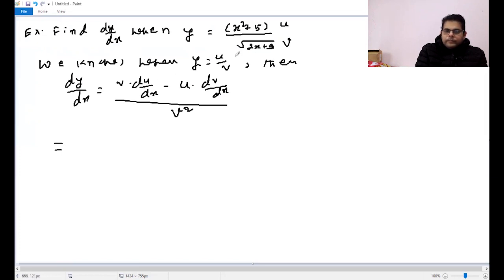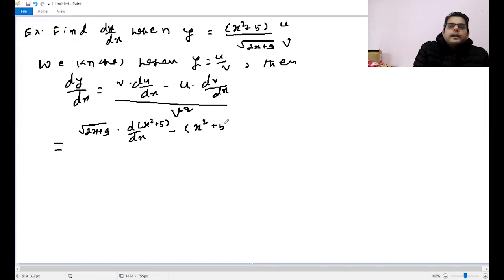So in place of v, we have here in this case 2x plus 9. We have to do nothing for this, so we write 2x plus 9, and then du by dx means d by dx of u, and u we have is x squared plus 5. In between there is a minus sign, then put u again here, and we do nothing for u at this time.